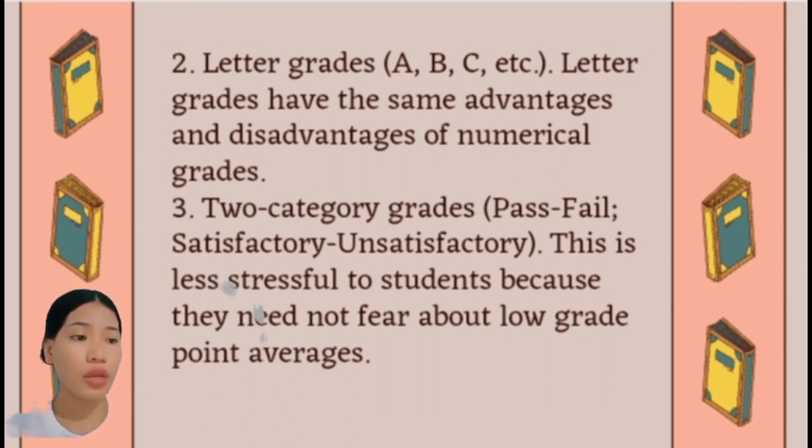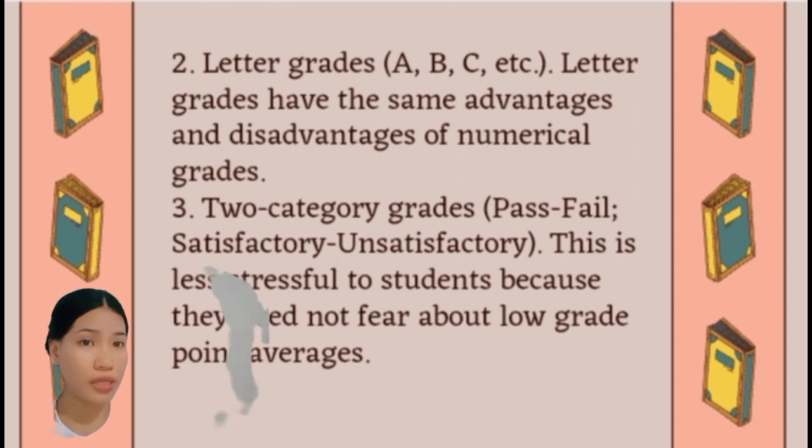Some common letter grades include A for excellent or outstanding, B for good or above average, C for satisfactory, D for below average, and F for fail or not passing. Some institutions may also use letter grades such as A plus, A minus, B plus, and so on.